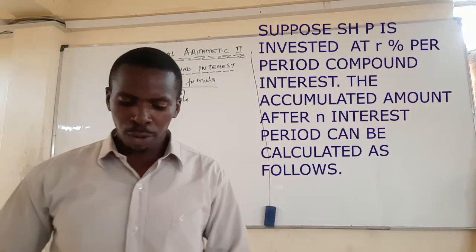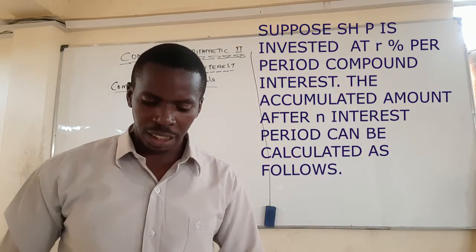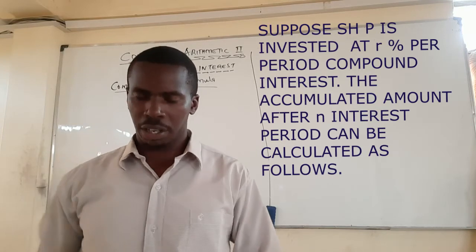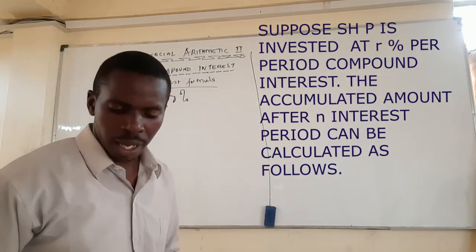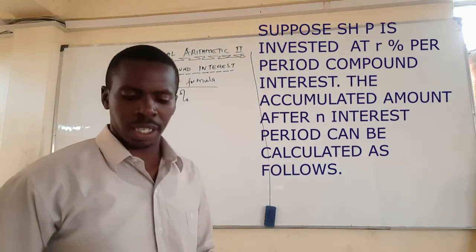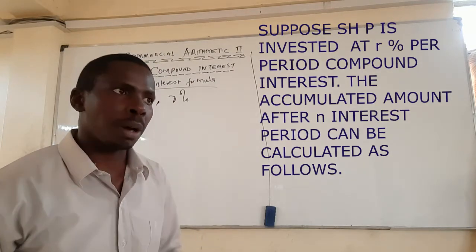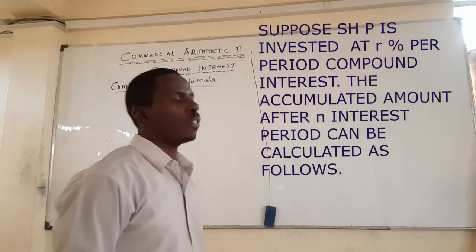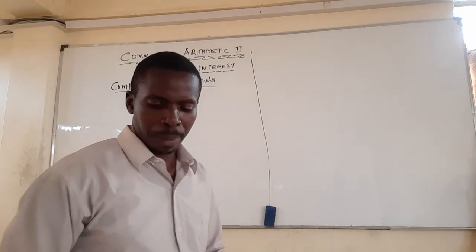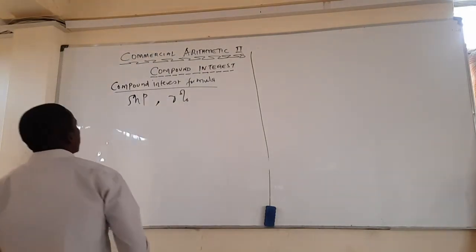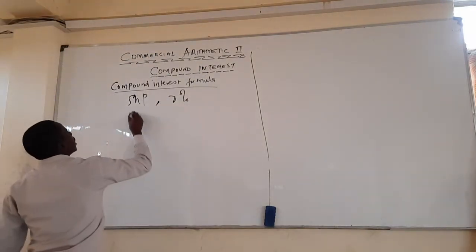The accumulated amount after n interest periods can be calculated as follows. Let's see how we can get the accumulated amount after a particular number of periods.